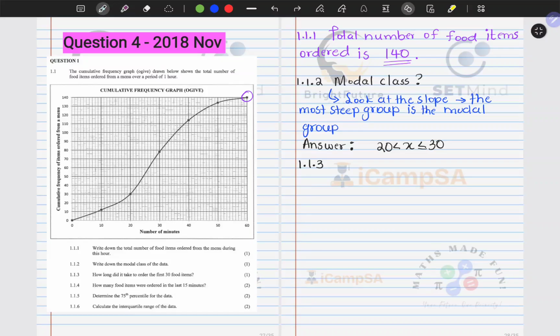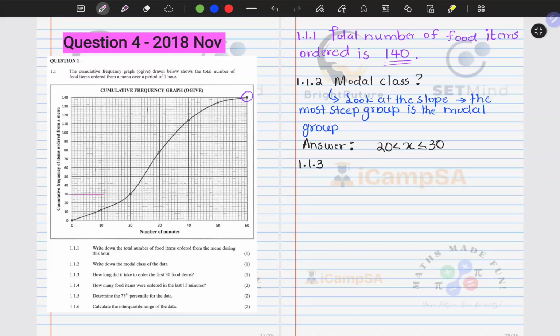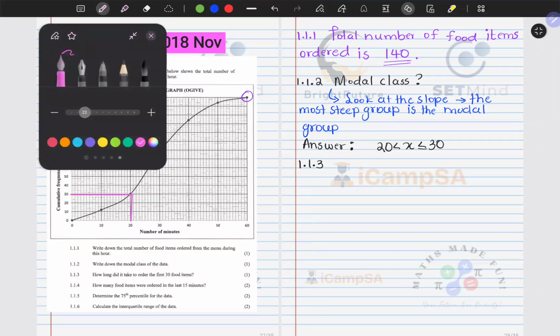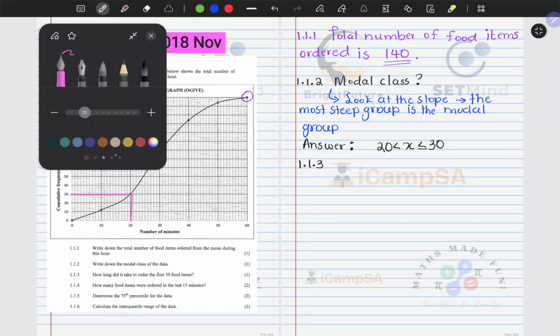I don't want the highlighter, my apologies. Let's get the pen. So if we go at 30, so there's our 30, you'll see that when we go down, that is what we see. So to order the first 30 items, we took 20 minutes. Okay, so that is our answer.